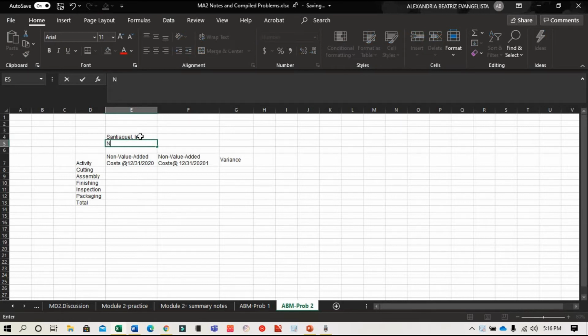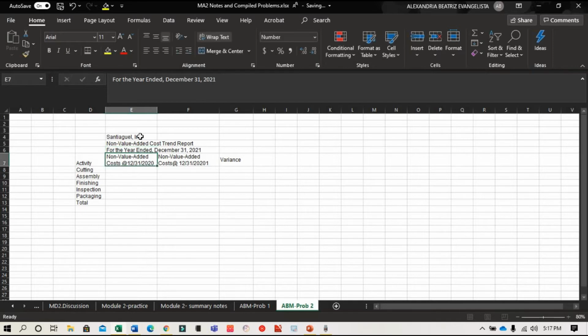The type of report, which is non-value added cost trend report. And of course, the date, which is for the year ended December 31, 2021. I already placed the headings for each column and listed the activities as well.